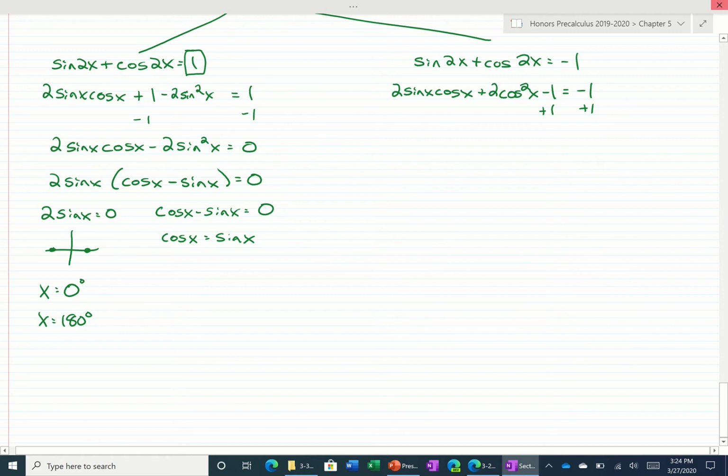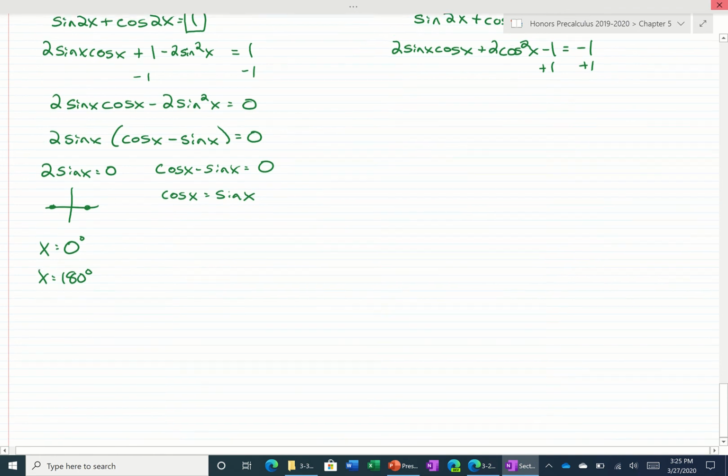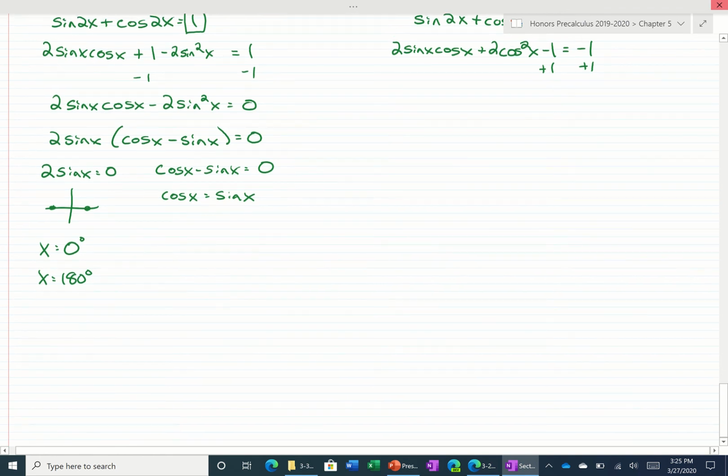Let's see, one thing that I'm thinking is you don't really want to be dividing by an expression with x in it, because you could lose values. So if I divide by cosine of x, we just get tangent of x equals 1, but we might eliminate some of our values.